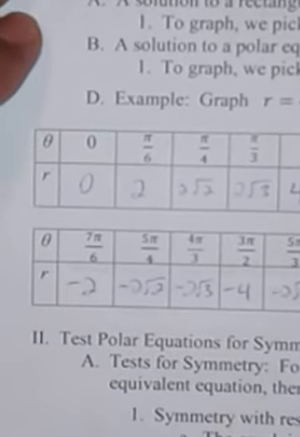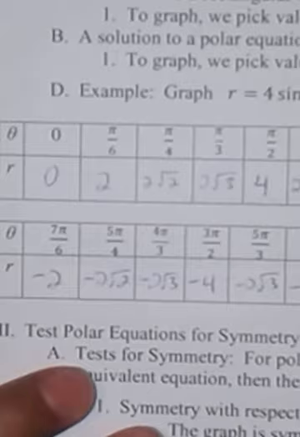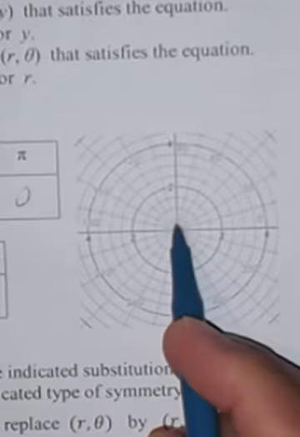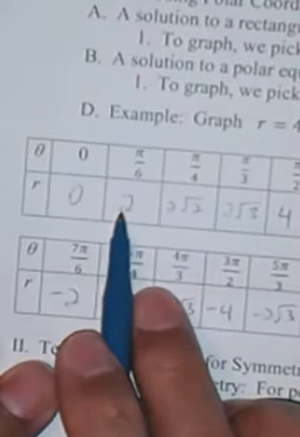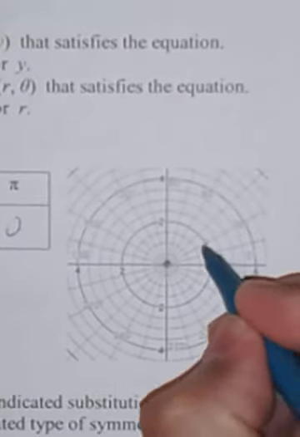Okay, so you remember how to plot those points. Well, (0, 0) first. And then (2, pi over 6), that would be about right there.